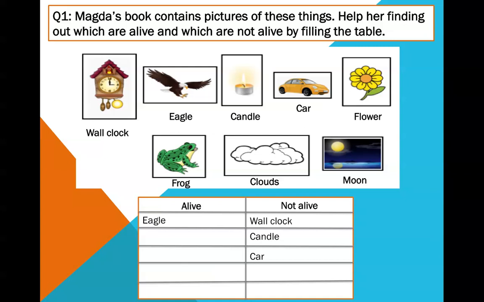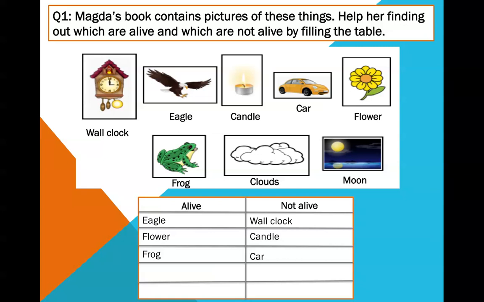The next picture shows a flower. Do you think a flower is alive or not alive? Of course a flower is alive, because flowers and all plants absorb the CO2 from the air and provide us with oxygen. Now let's think of a frog. Do you think a frog is alive or not alive? This is an easy one.